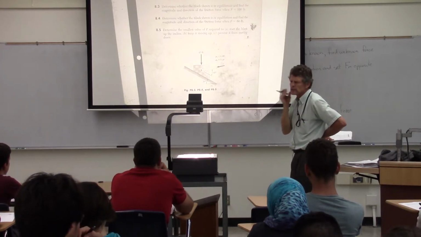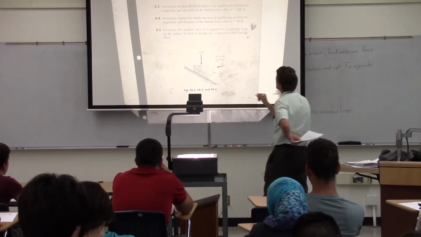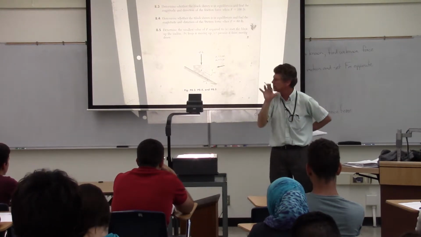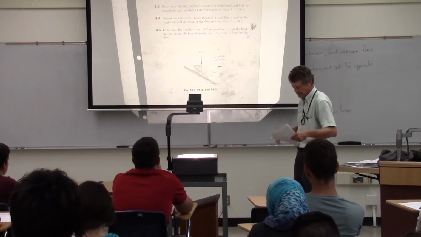Keeping it moving is going to be our constant, that mu k, the kinetic friction. The other interesting case is to prevent it from moving down. There's a certain level of force necessary to keep it from sliding down.